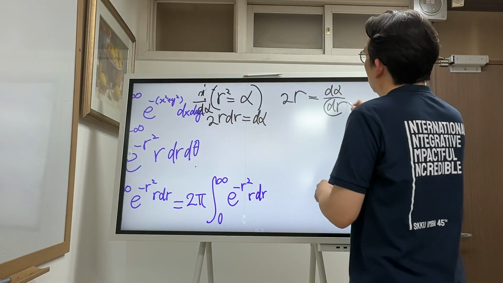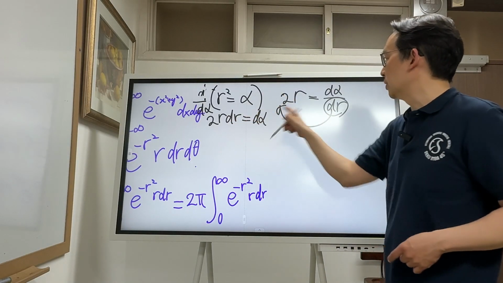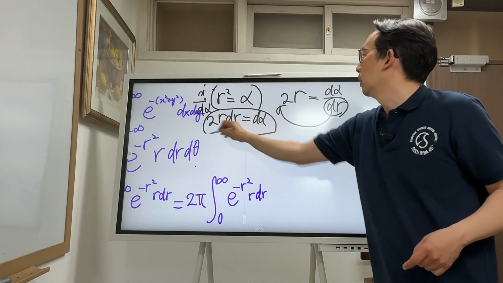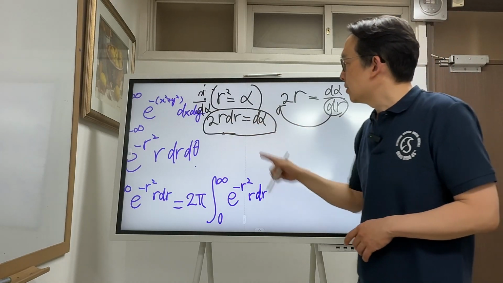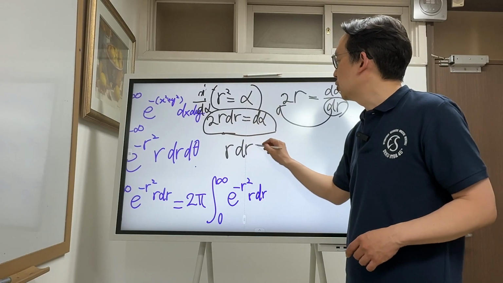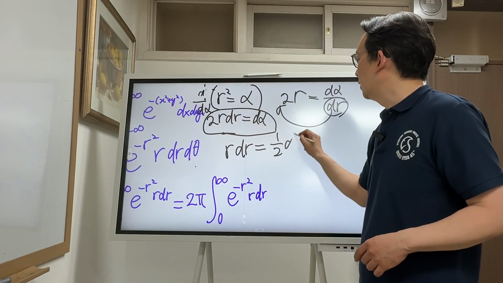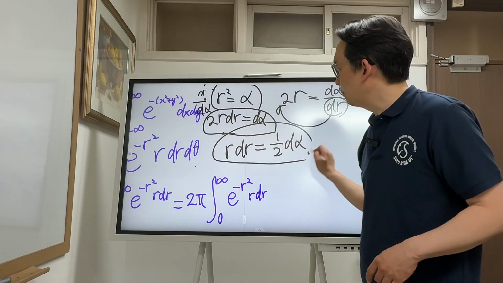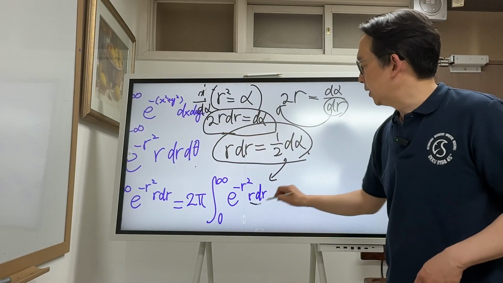I just took this to the other side of the equation, and that's how things work nicely. So r dr should be equal to 1/2 d alpha. I'm going to bring this into here, r dr.